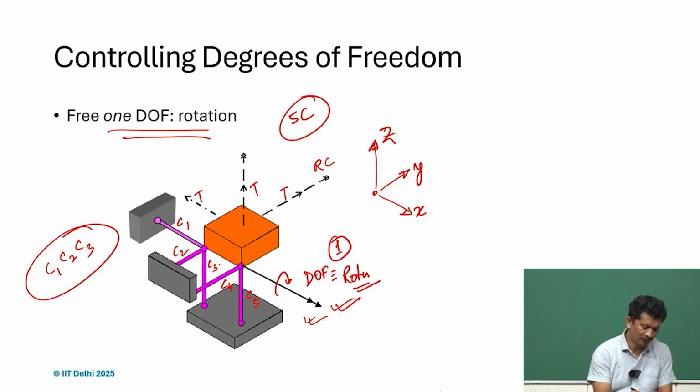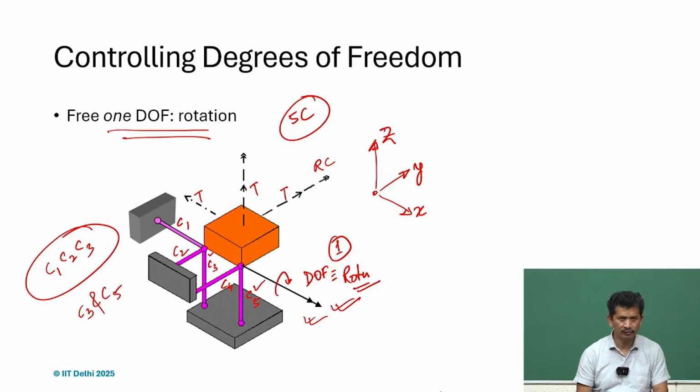So, if with C3 we put C5, C3 and C5 together are parallel in a plane perpendicular to the y axis, and there is an offset. So, we realize that C3 and C5 together will constrain the rotation along the y axis.